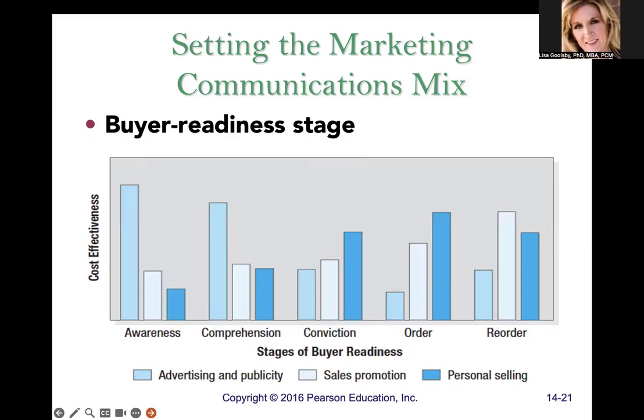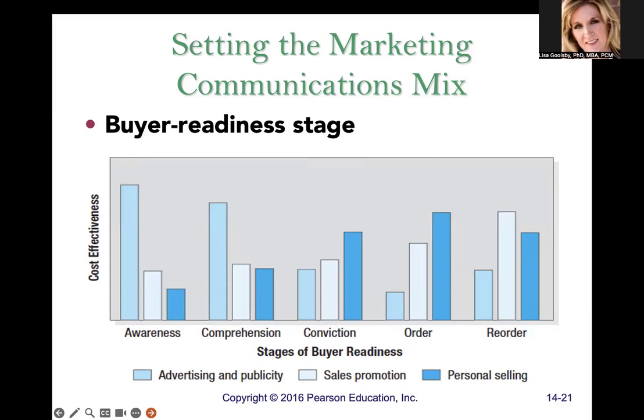I think I already mentioned that a really popular strategy at the introduction stage is going to be sales promotion because a lot of the things that you do in sales promotion are trial of the product. And during that introduction stage, where people aren't familiar with the product, your main goal is to get them to try it.